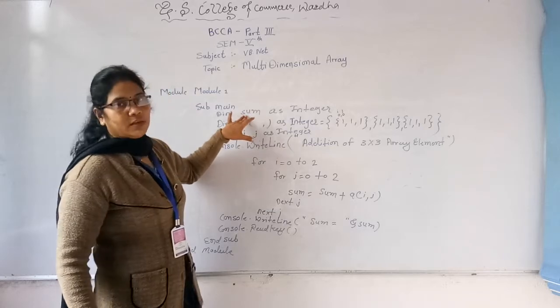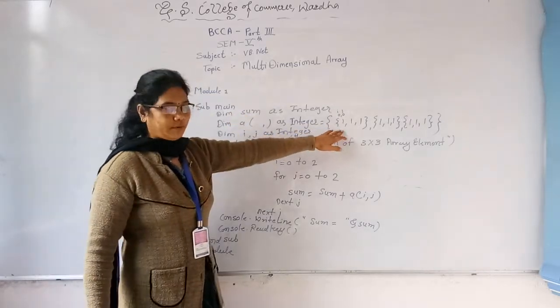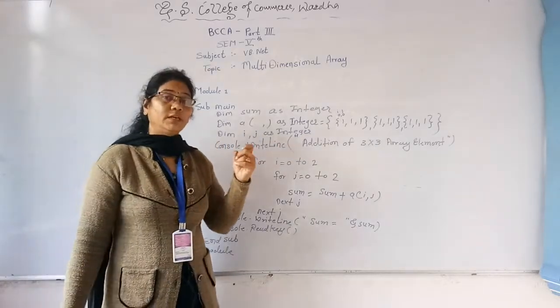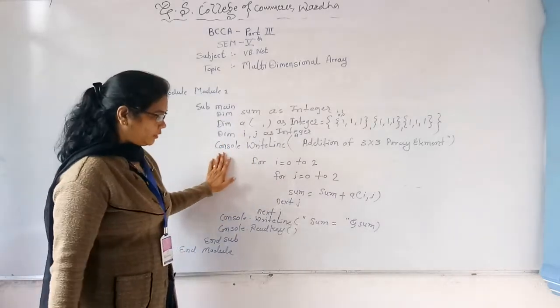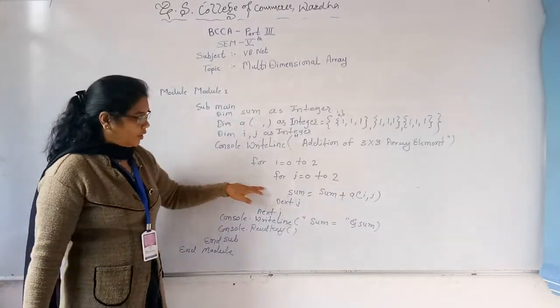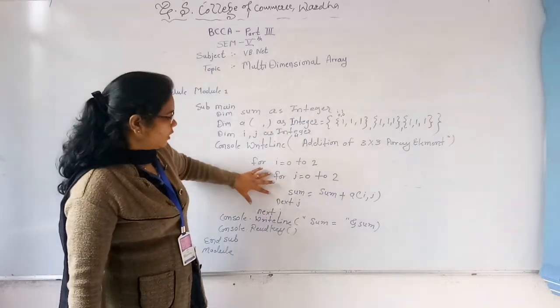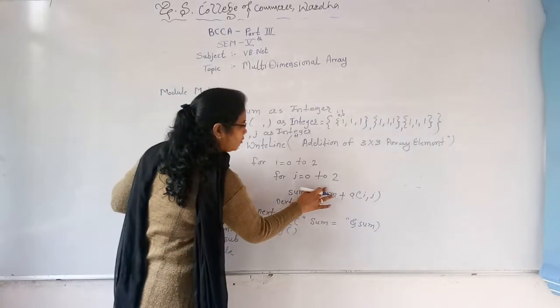Here sum is a variable which stores the addition of elements of a multidimensional array, and i and j are used for referring to the index number. Here again we use the inner for loop for adding the elements of the array.